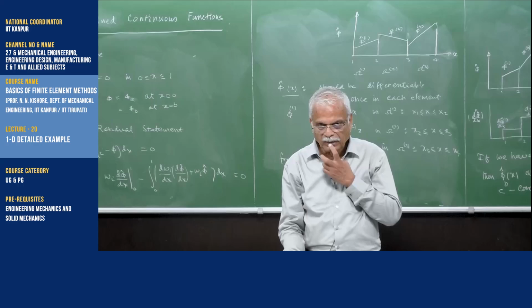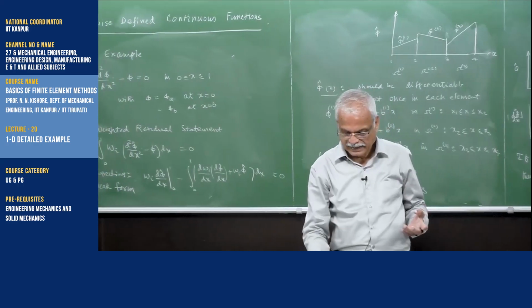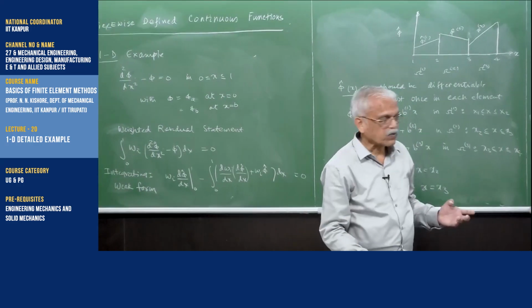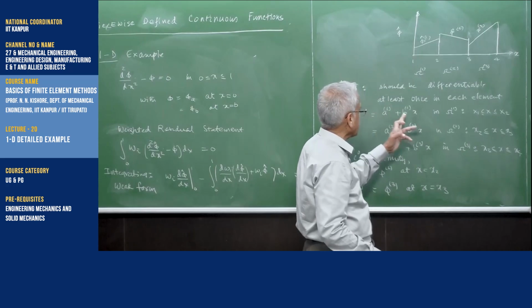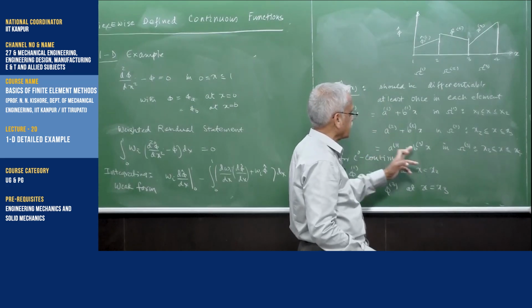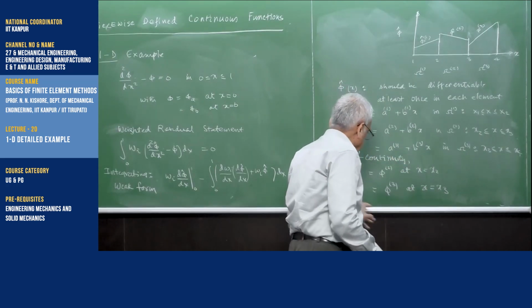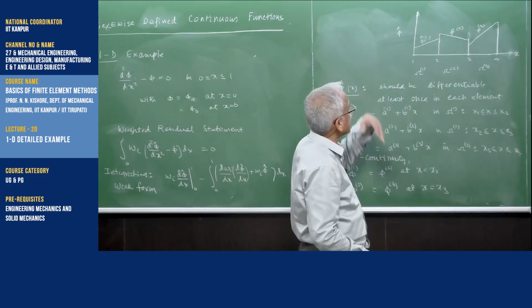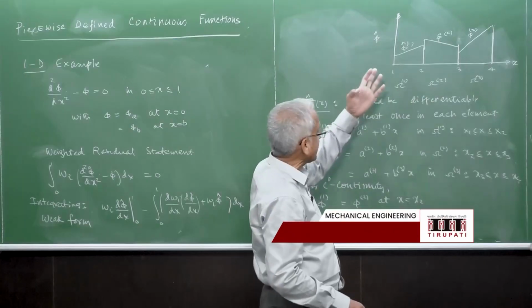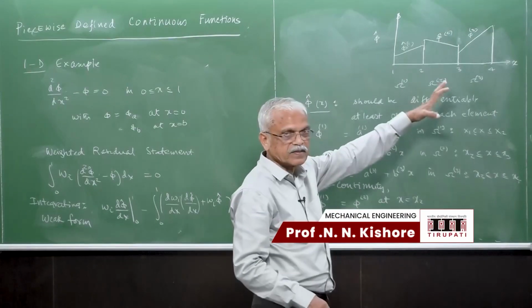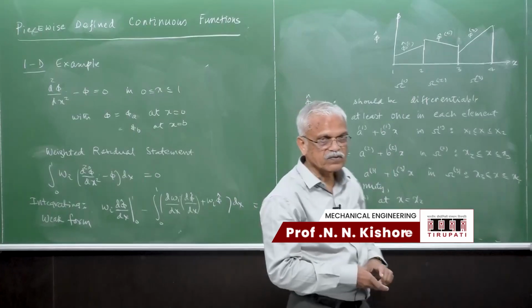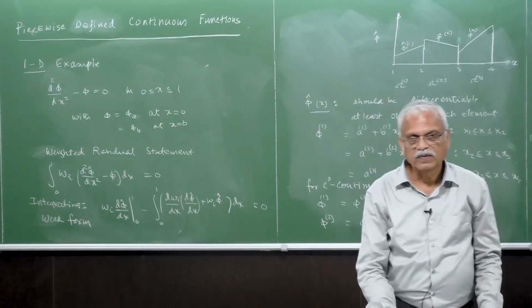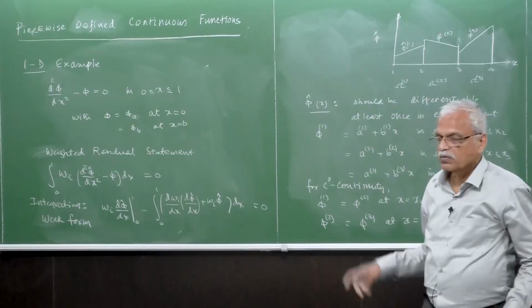That's how we have to rewrite this approximation instead of writing it in terms of a1, b1, a2, b2, a3, b3. This condition can be circumvented by rewriting these coefficients in some other manner, directly in terms of nodal values. So we'll stop here. We'll continue this tomorrow.